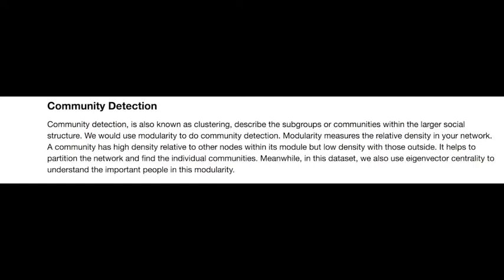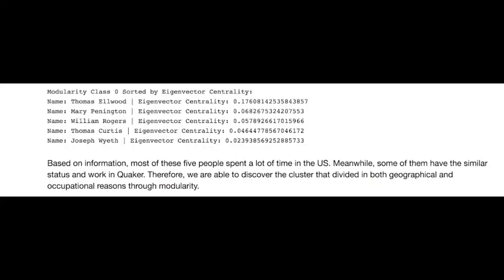That means the nodes within this community might have similar information or behaviors. Here we're using another measure to calculate the centrality, which is eigenvector centrality. It also helps us to understand the influence of the node in the modularity.